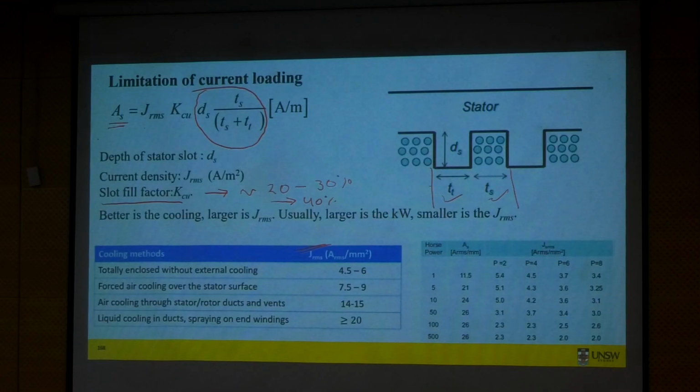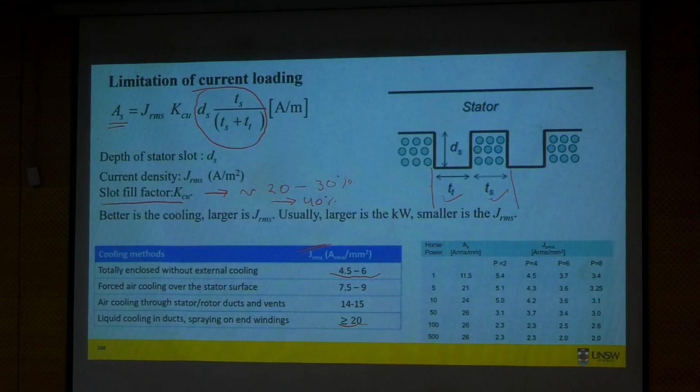If you are not using any type of external cooling, then it is the lowest current density you should choose. This is again a typical value, 4.5 to 6 amperes per millimeter squared when there is no additional cooling. If you are cooling aggressively, you can go up to 20 amperes per millimeter squared.